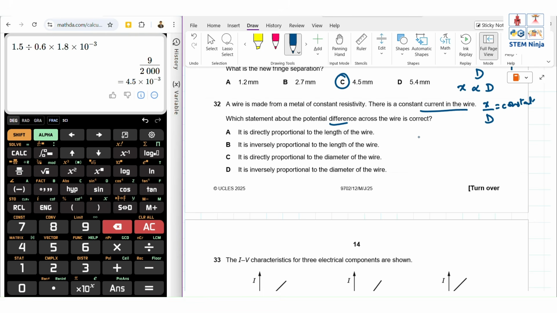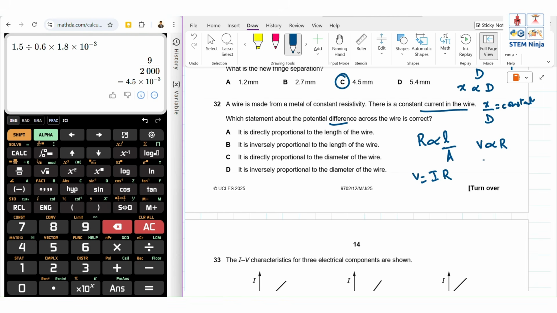Okay, so we know that the resistance is proportional to the length and inversely proportional to the cross-sectional area. So potential difference, which is V equals IR, and they have said that the current is constant, so V would be directly proportional to the resistance.